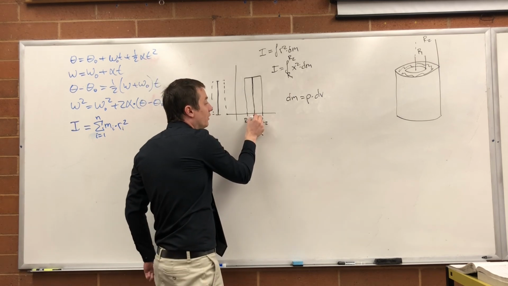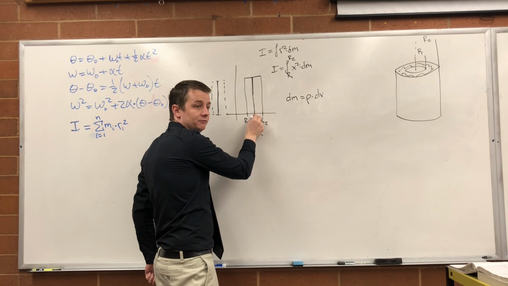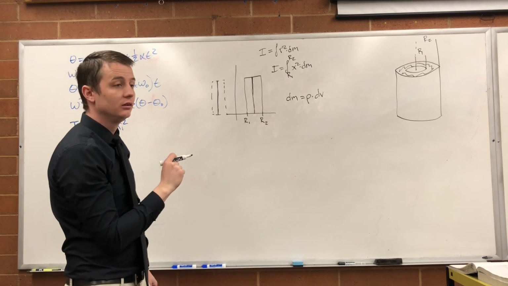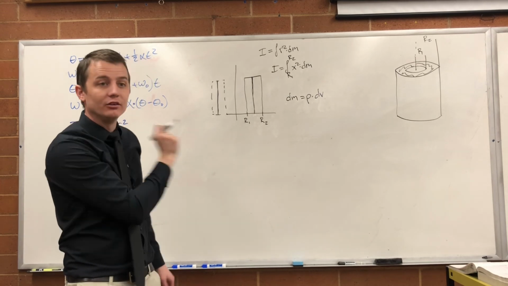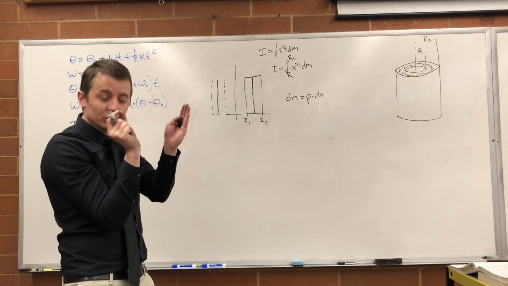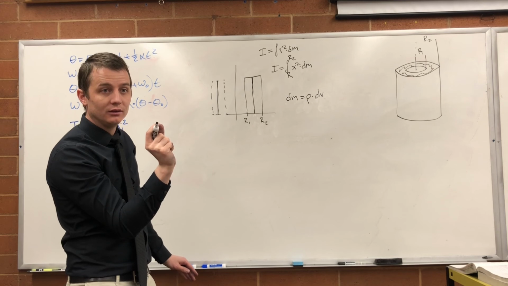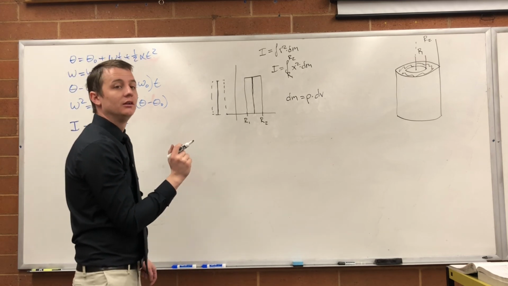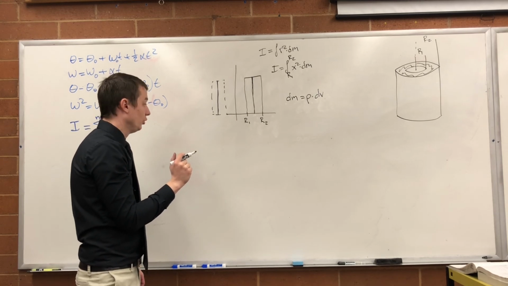What is the volume of that infinitesimal shell? The volume of an infinitesimally thin cylinder. We take the area of the cylinder and multiply it by an infinitesimally small width. What's the area of the cylinder? No, you're calculating the area.